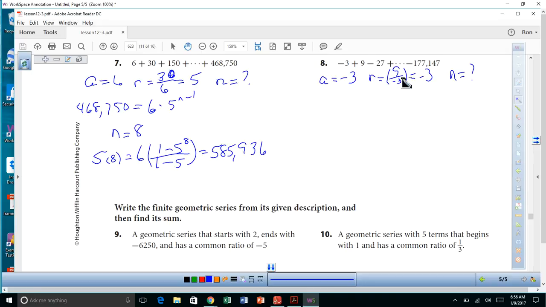All right, so let me set it up. -177,147 equals -3 times -3 to the n minus 1. Divide both sides by -3, and I get 59,049 equals, and that's -3 to the n minus 1.